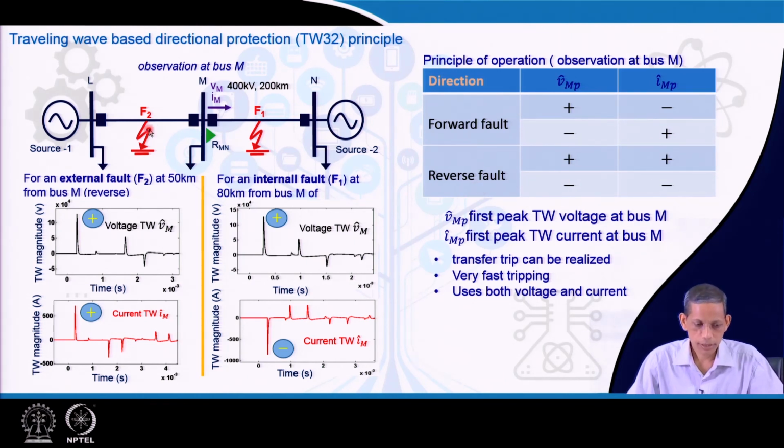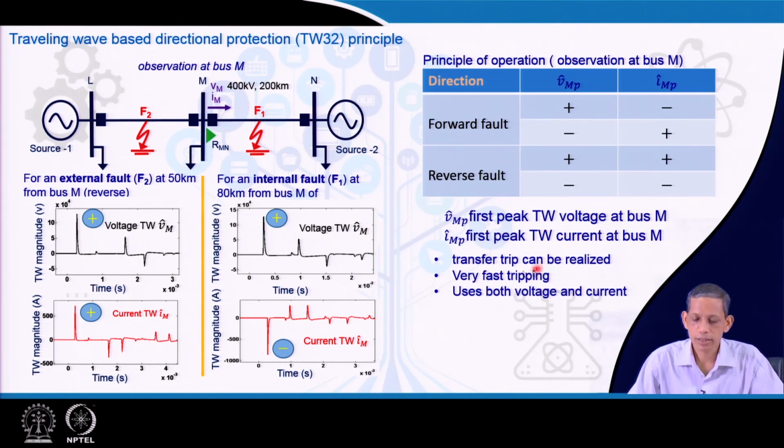For a reverse fault like F2, you see here both are positive, and if voltage and current travel with a negative sign, both will be negative. So, same polarity of the first wave means a reverse fault, opposite polarity means a forward fault. This is for the first wave.